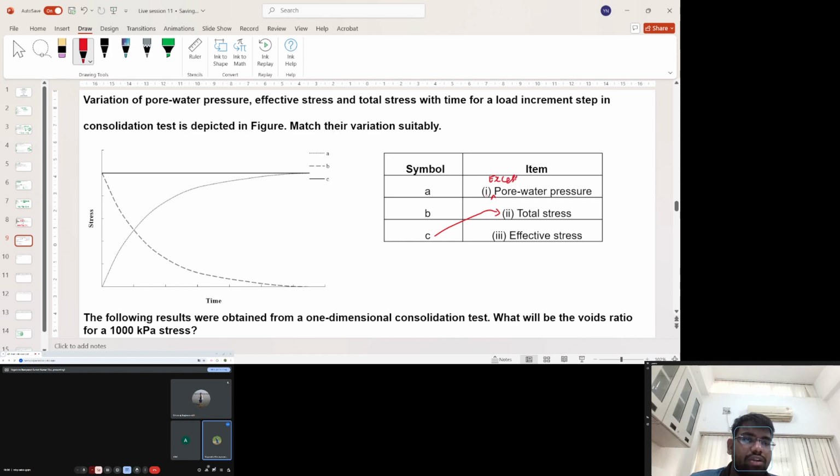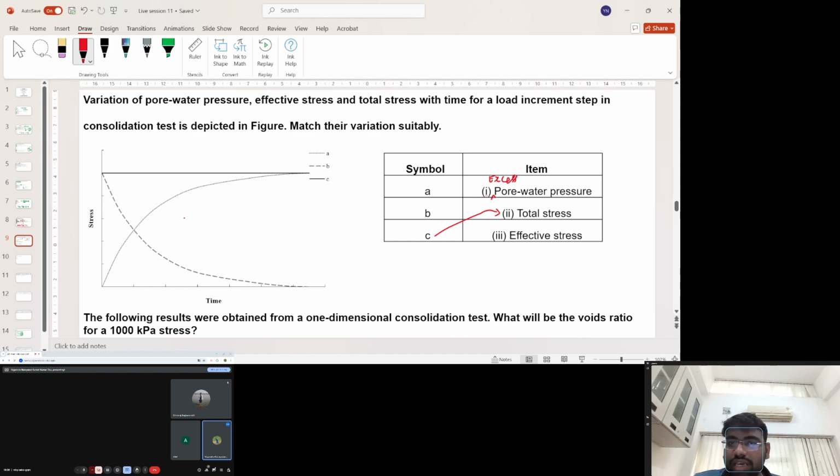Usually new learners tend to get confused during consolidation. They think that pore water pressure itself becomes zero in its entirety, which is not the case. So when we are discussing consolidation, we always try to use it as excess pore water pressure.